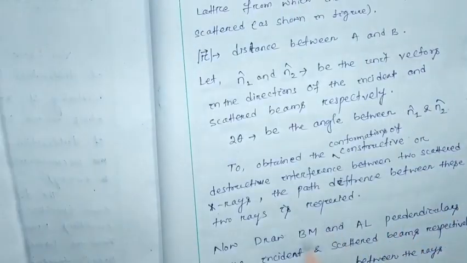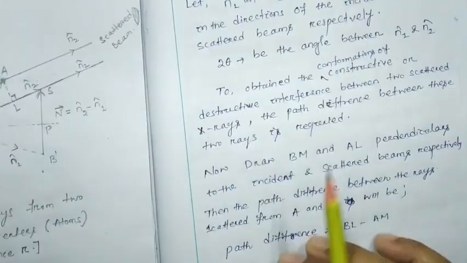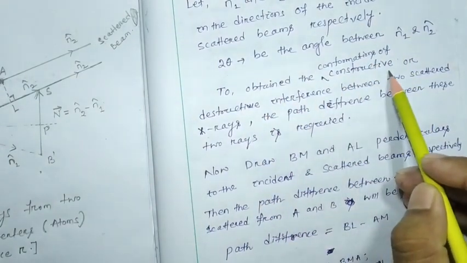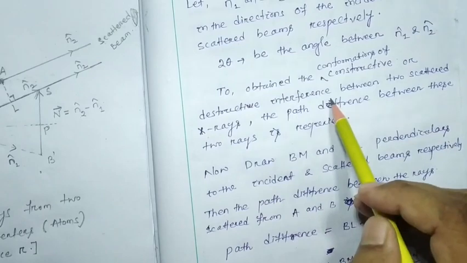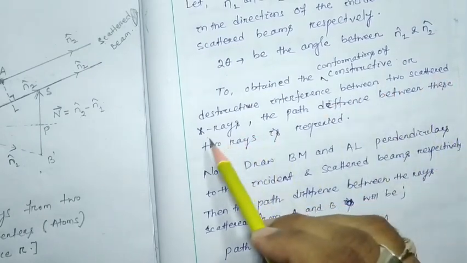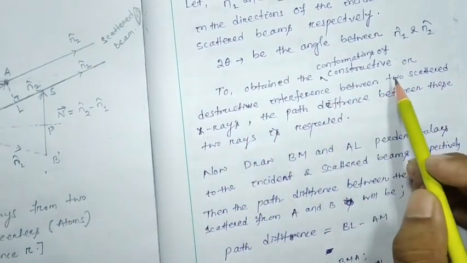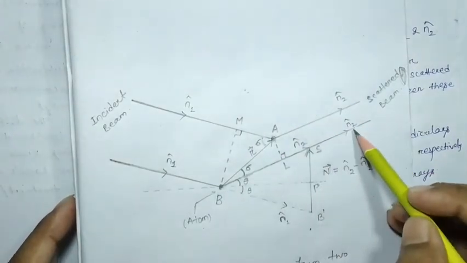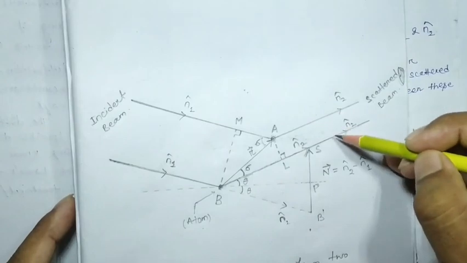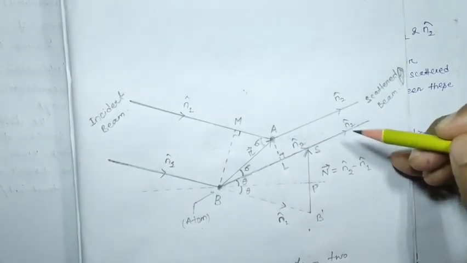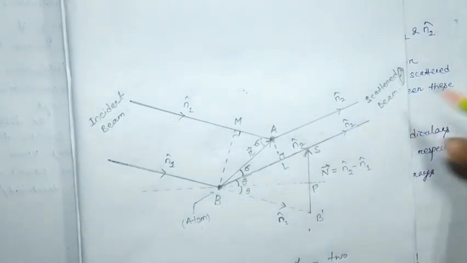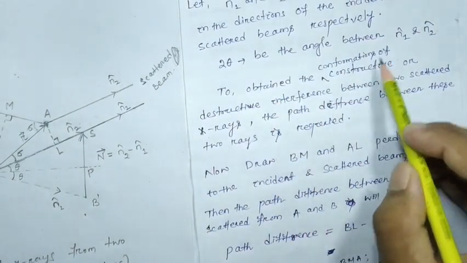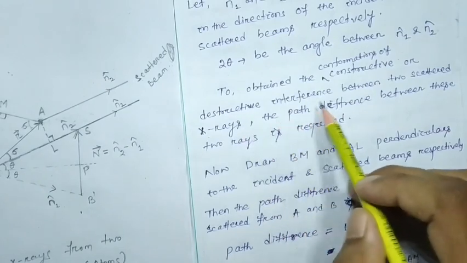Okay, now to obtain the confirmation of constructive or destructive interference between two scattered rays, here the two scattered rays are one from A and another from B. So between these two rays there may be constructive or destructive interference.